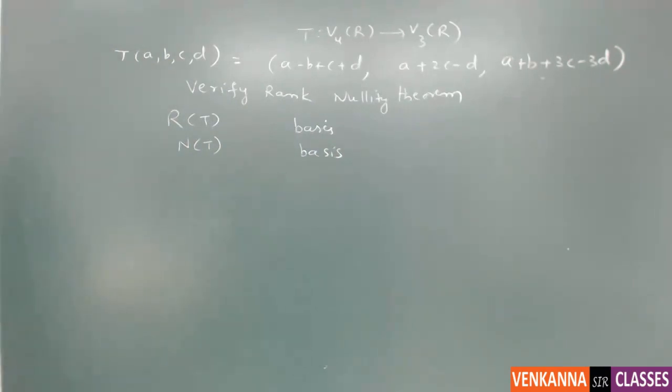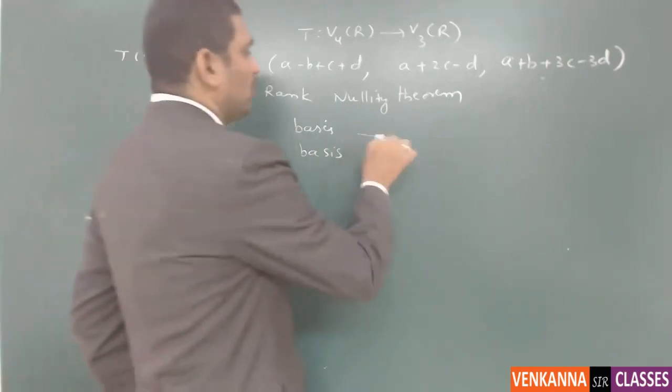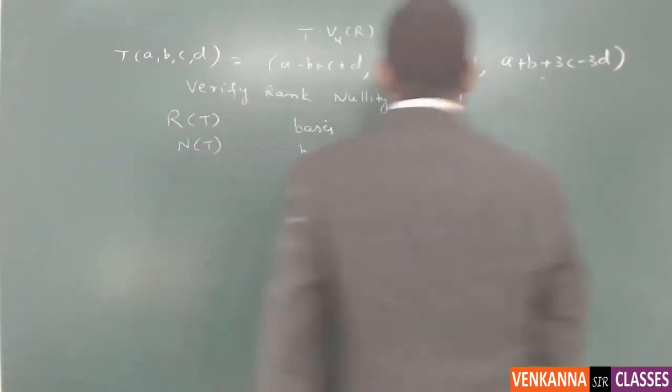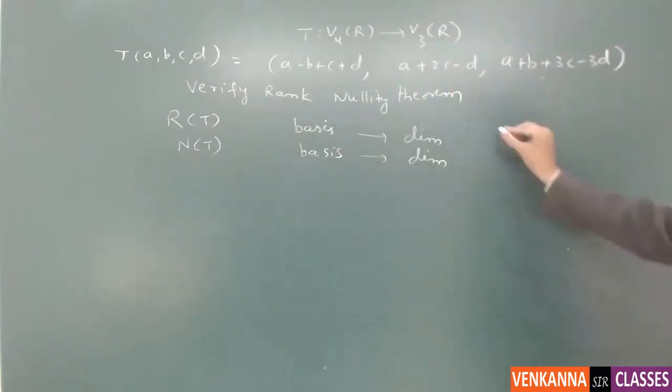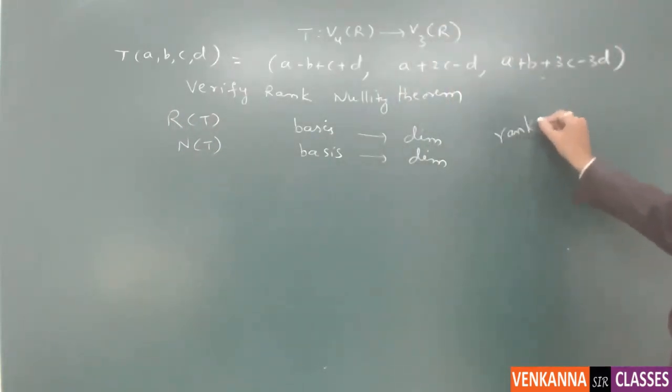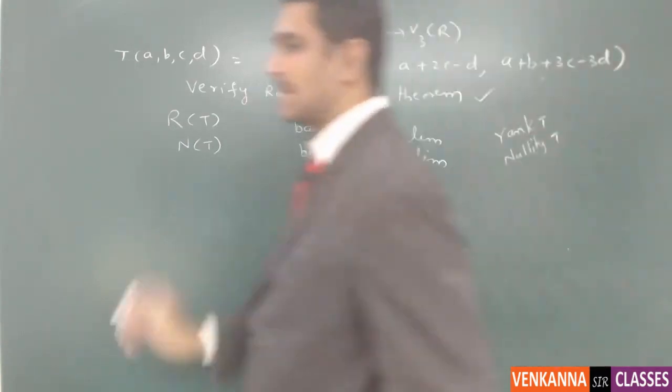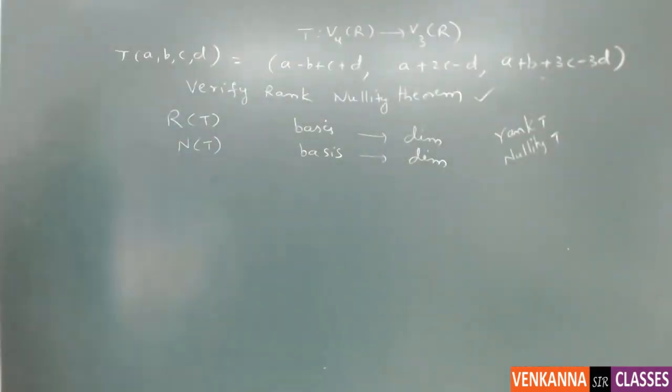If you know what is the respective basis for those sets, then you are able to determine its dimension, because those dimensions are nothing but one value is rank and one value is nullity of T, and we check for rank nullity theorem. This is the whole strategy. Is it clear? Any questions? Please tell. Do you have any?